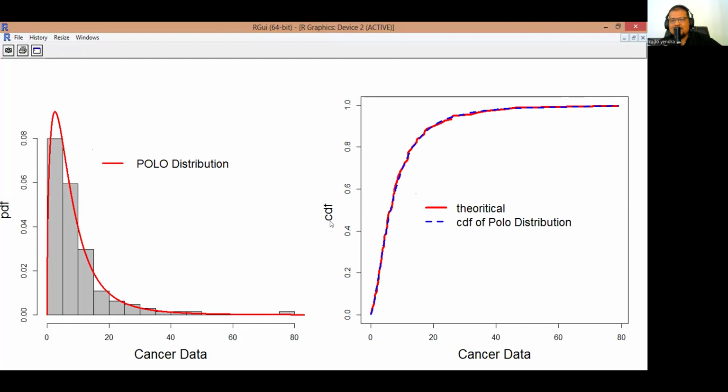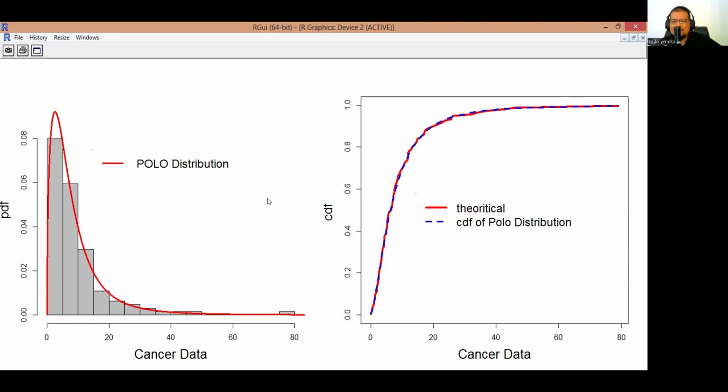And from the CDF, or the cumulative plot, we can see the red one is the cumulative theoretical, and the blue one is the cumulative from the model. So you can see they have the same graph.